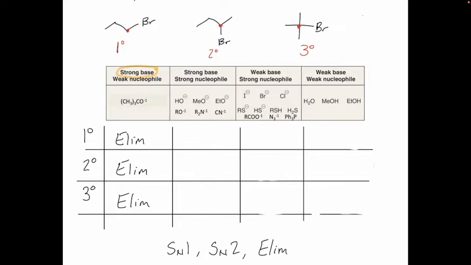All right, and so what do I mean by an elimination reaction? Let's see one of those. Okay, so let's say that I have this secondary alkyl halide, and I'm going to react it with my bulky base, my strong base, weak nucleophile.